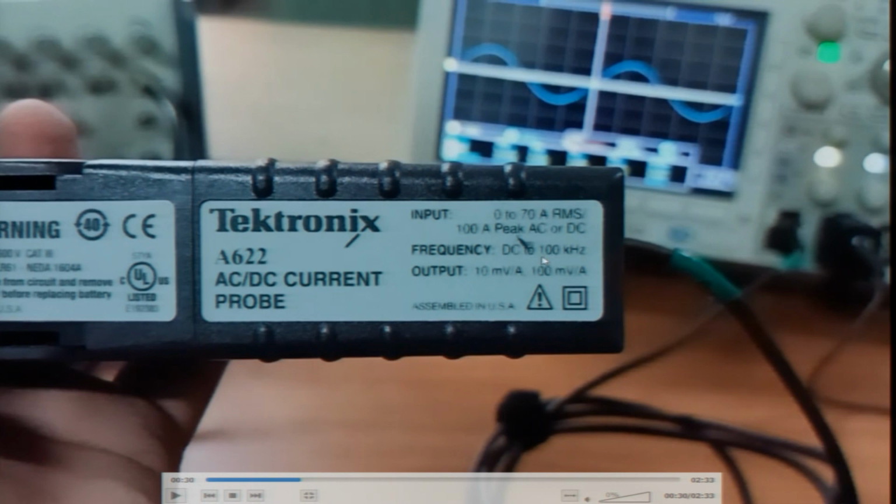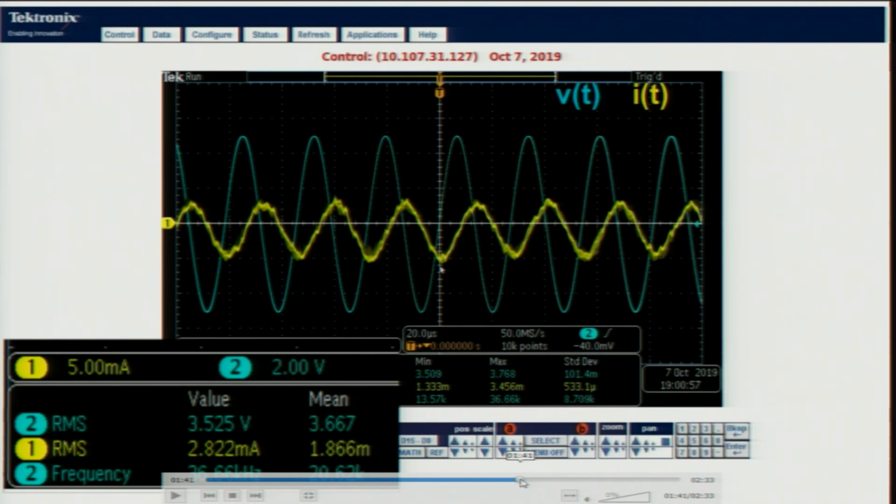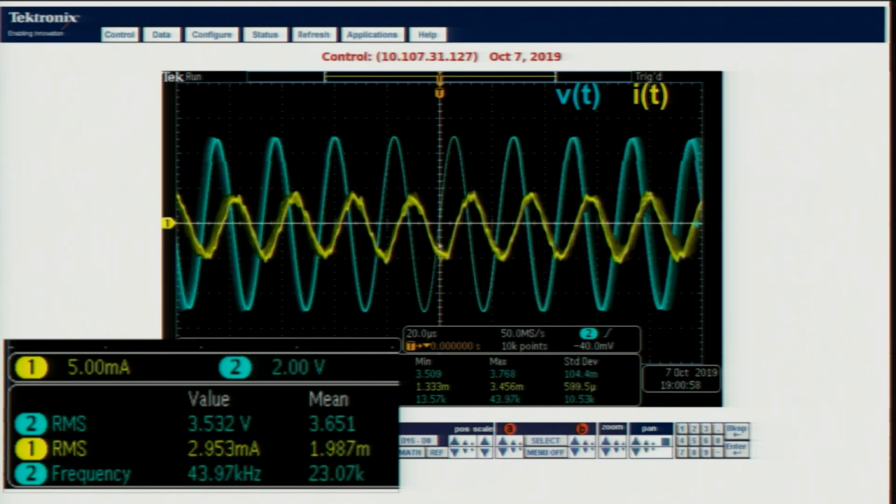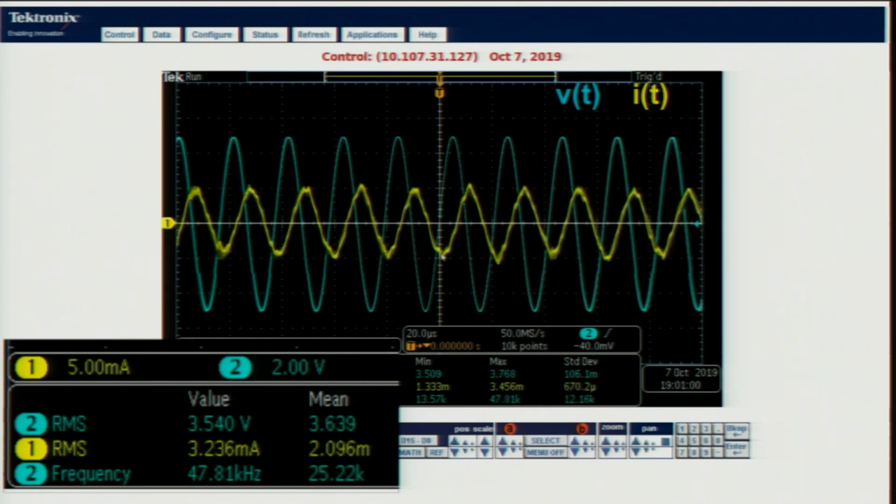So we can expect that from slightly lower, maybe a decade below 100 kilohertz, and above, we should take the results with a pinch of salt. If we take this sensor and try to measure currents of 100 kilohertz or so, or greater than 50 kilohertz, we get somewhat unusual results.